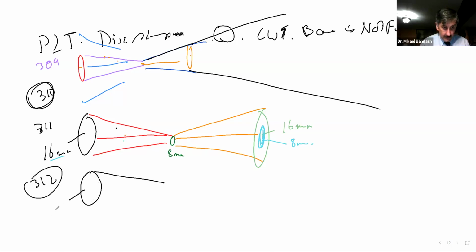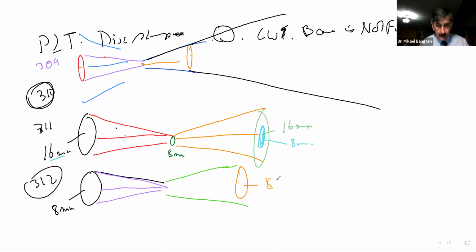Is this here going to be 8 millimeters, if the diameter of the beam at twice your focal length is 8 millimeters? What's going to happen here? It goes from 8 millimeters to 4 millimeters.